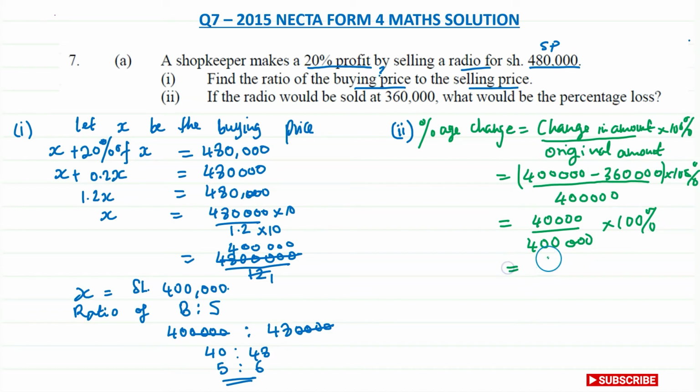So this will give you 1/10 times 100%, which is going to give you 10%. So the percentage loss, in this case it's a loss because they sold it at a lower price, is going to be equal to that amount. Okay, so this is part A completed, and now let's do part B.